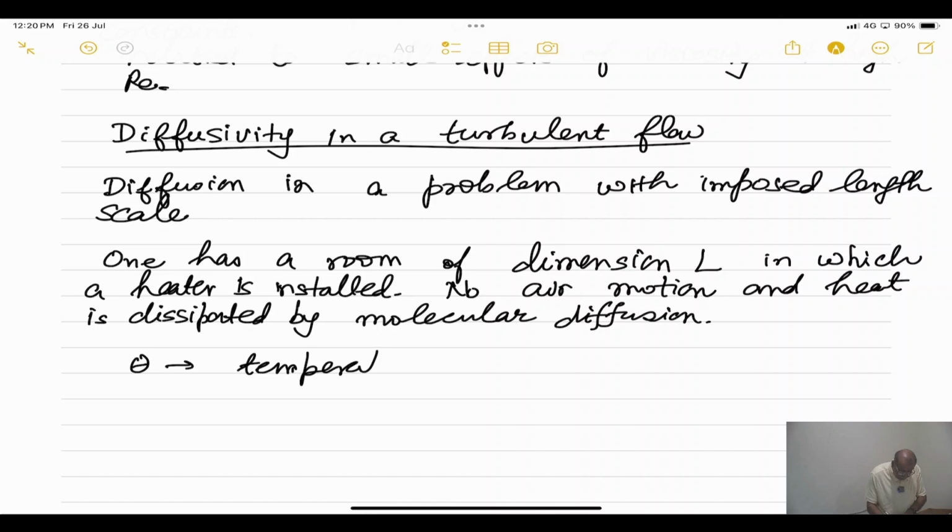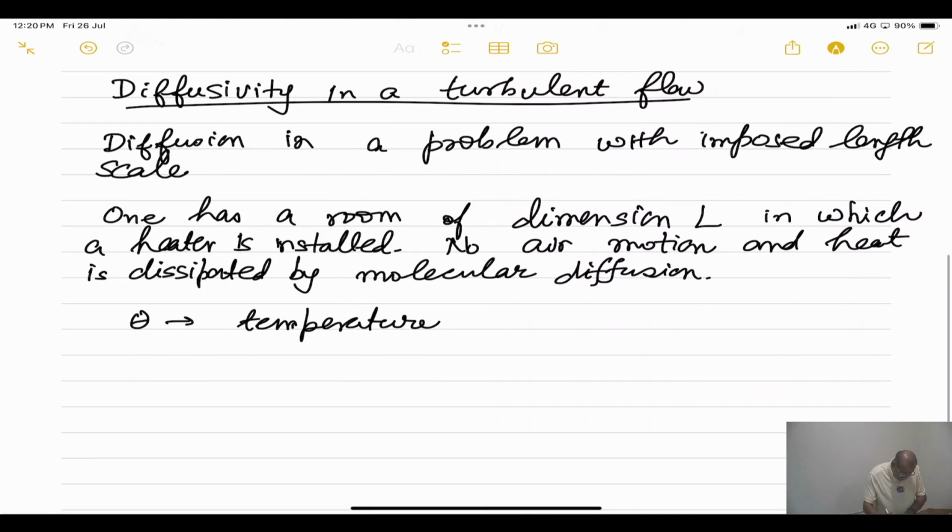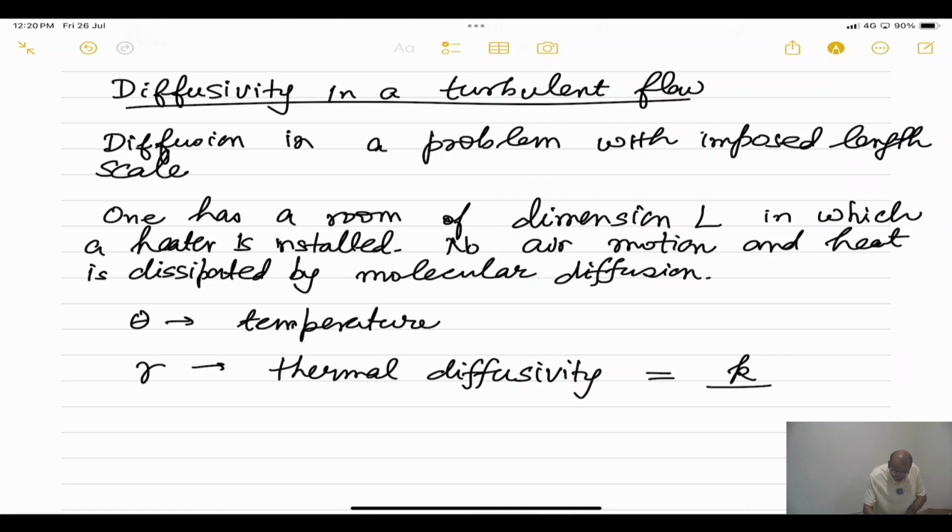Let theta be the temperature, and let gamma be the thermal diffusivity. I presume you may have seen some heat transfer equation. I will write the equation also, but gamma is something like K over rho C, where K is the thermal conductivity.